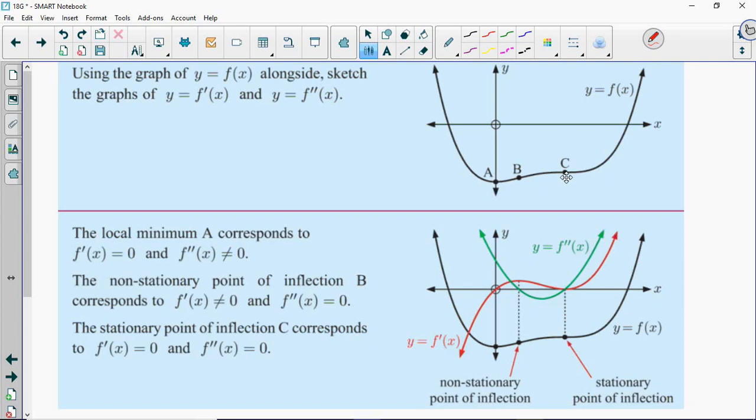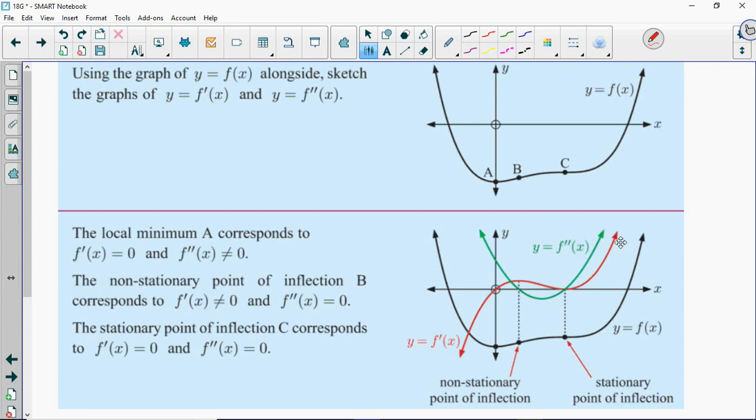If we look in between A and C, there's positive slopes the whole way, but the steepest positive slope is happening at point B. That steepest positive slope should correspond to the highest y value, or a local maximum, on the graph of f prime. And so that's how we can get this graph of f prime.